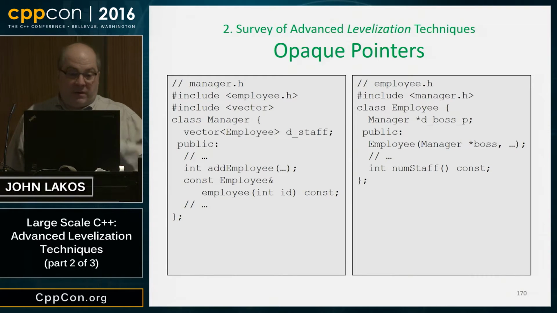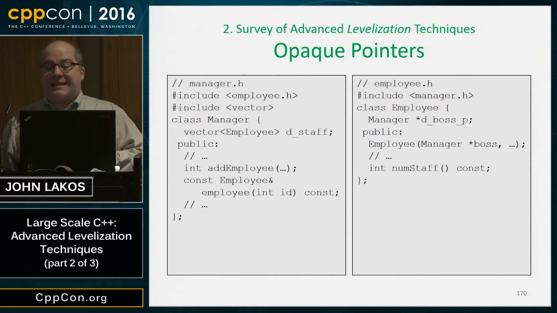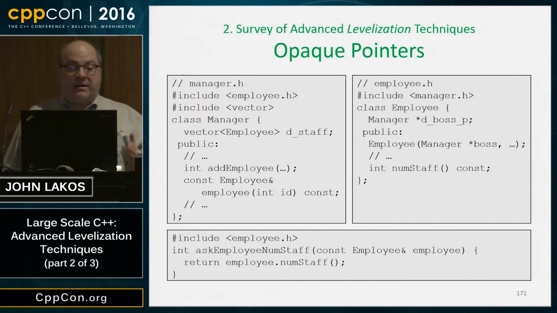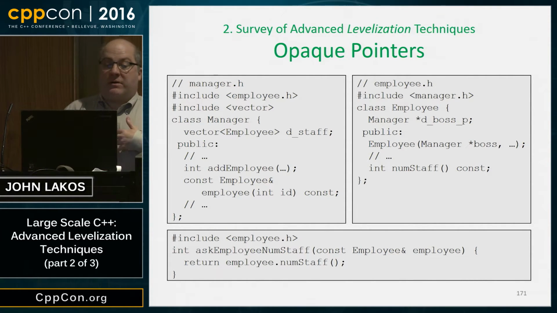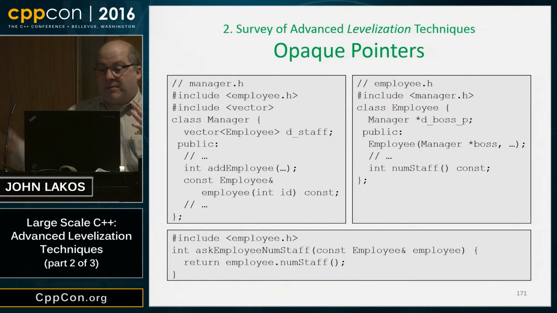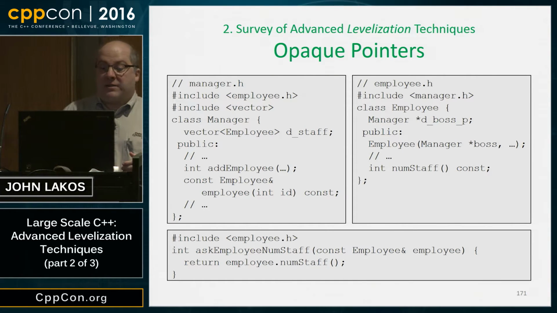Here's some code where we have an employee that you can ask, how many people work for your manager? The use case here is I have a user, and the user has a function called ask employee num staff, and it takes an employee, and we call employee's num staff, so you're passing it in by const reference.